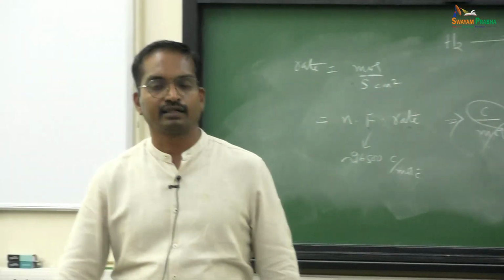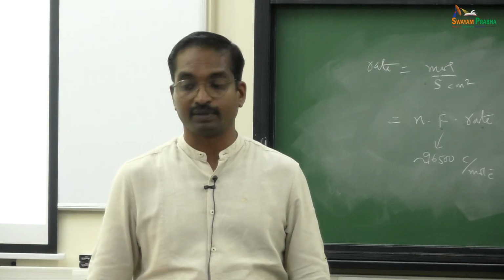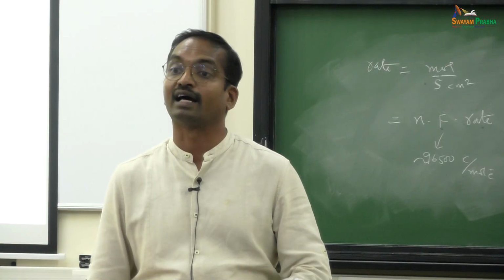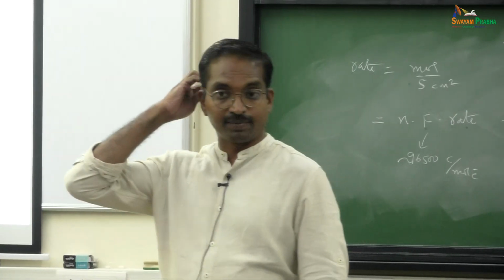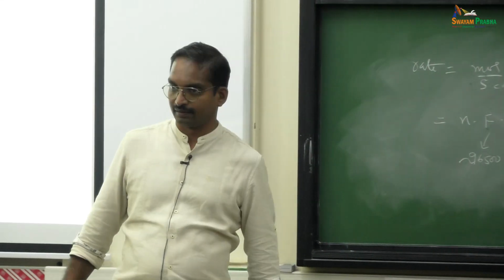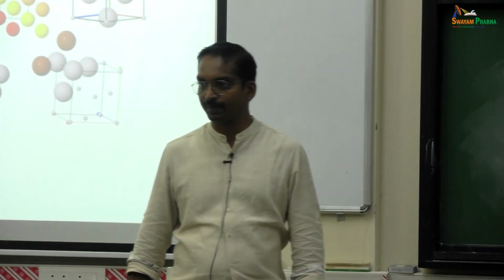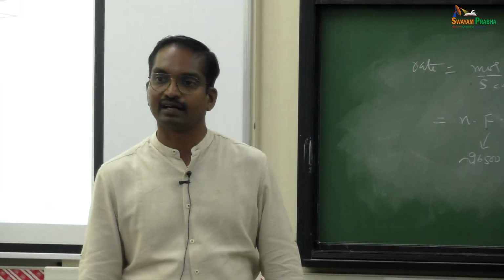So, if kinetic chemists talk about rate of the reaction, electrochemists talk about current or current density. Why current density? Ampere per unit area is current density. If it is in the unit of ampere, it is current. If it is a unit of ampere per centimeter square, it is current density.